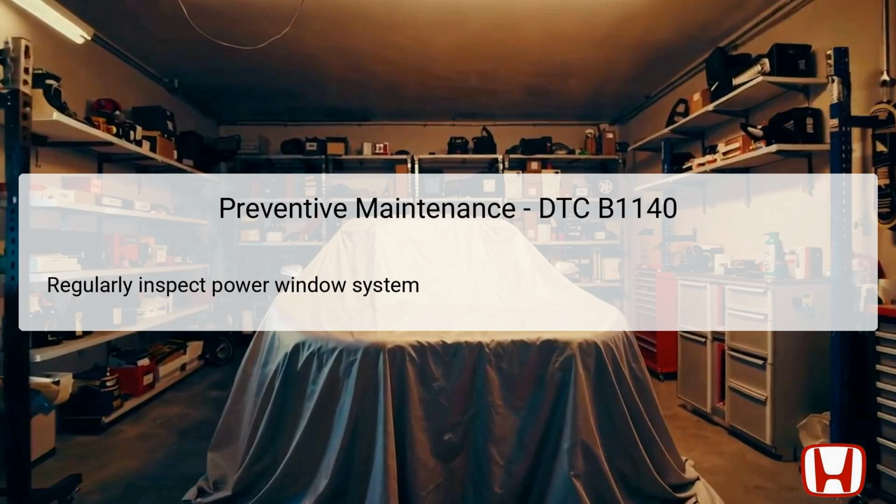Look for signs of wear or failure in the wiring and connectors associated with the power window assembly. Regular maintenance can significantly prolong the lifespan of the components and reduce the likelihood of encountering DTC B1140 or related issues. Emphasizing preventive checks ensures that you keep your power windows operating smoothly for years to come.